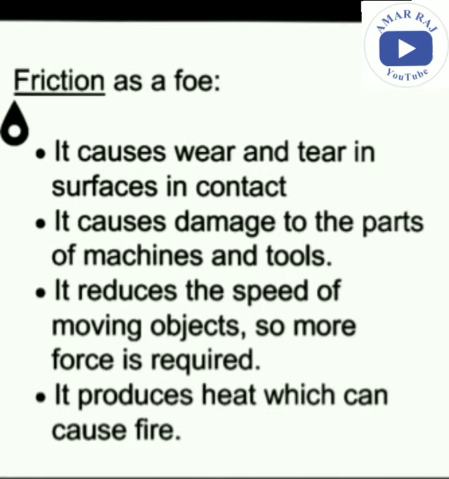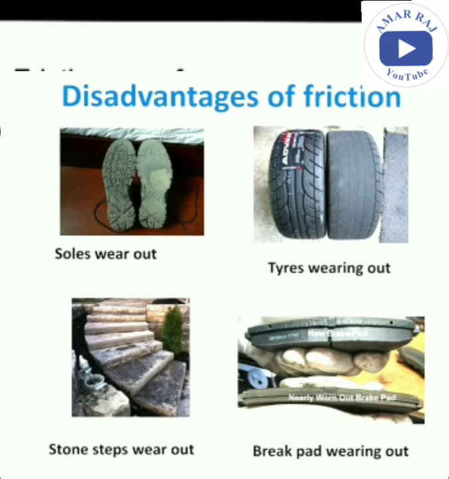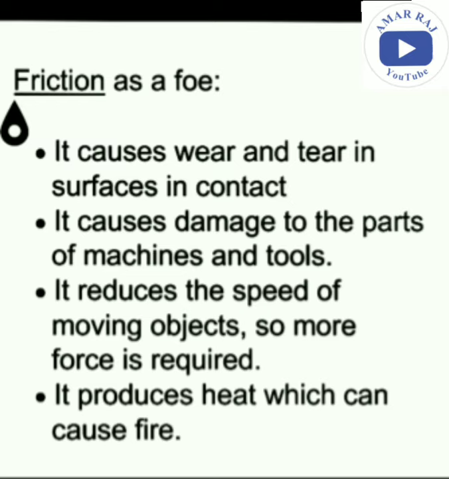Now see how friction is a foe. See, example number 1: it causes wear and tear in surfaces in contact. As we have discussed in disadvantages of friction, friction causes wear, rubbing out of surfaces in contact, that is, wear and tear in surfaces in contact. Second example: it causes damage to the parts of machines and tools.